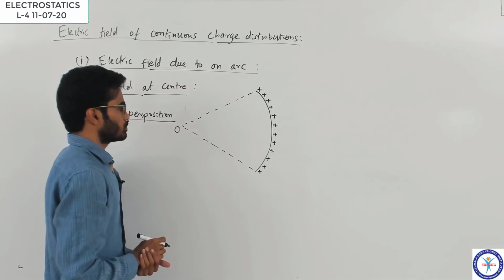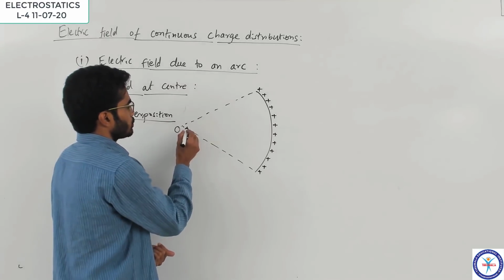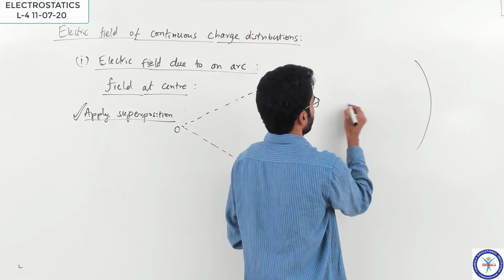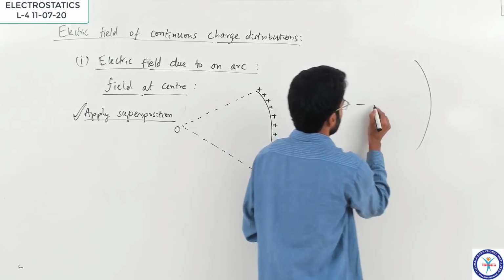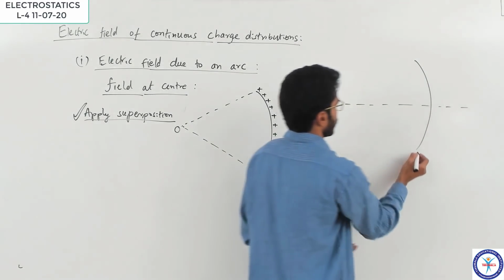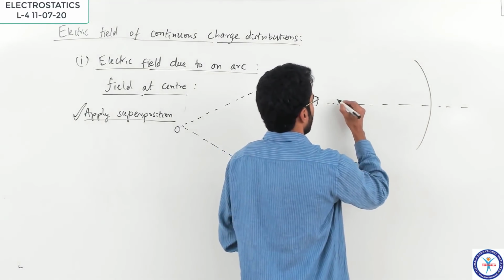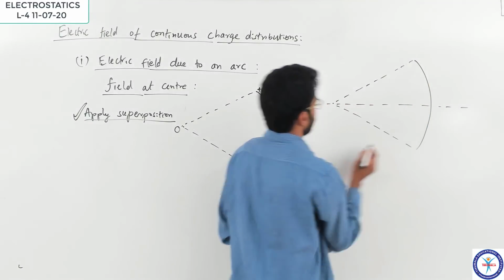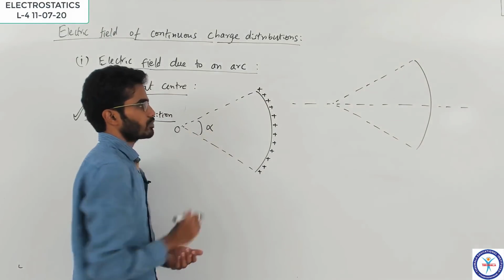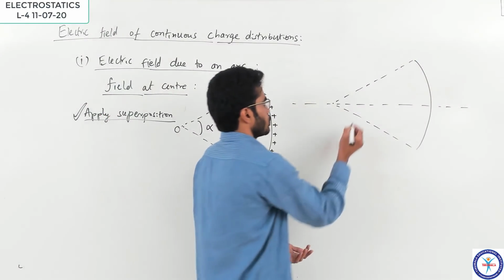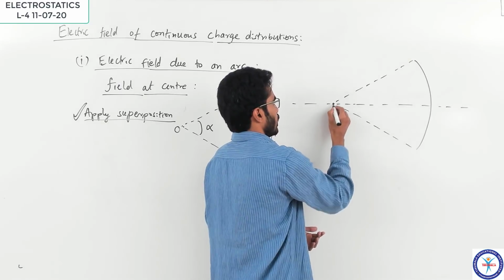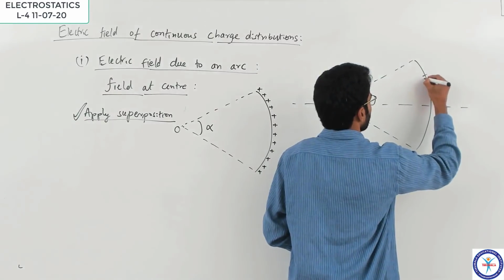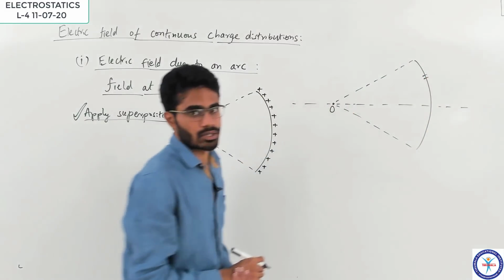So the field at O, we have to first understand the system carefully. Let's draw it bigger. Let us say this arc is subtending an angle alpha, right? At O, let us take a small portion of the charge distribution.